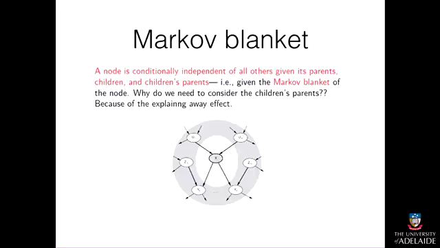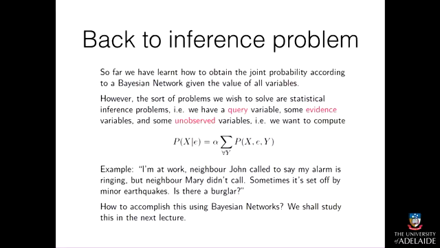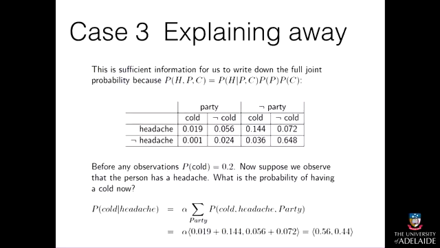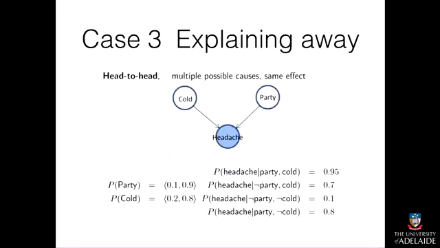And the reason we need to consider this, let's go back to the Markov blanket. We see that we need to consider the children's parents. Why do we need to consider this? This is because of the explaining away, right? If we know the children's parents, this will affect the conditional probability of cold.